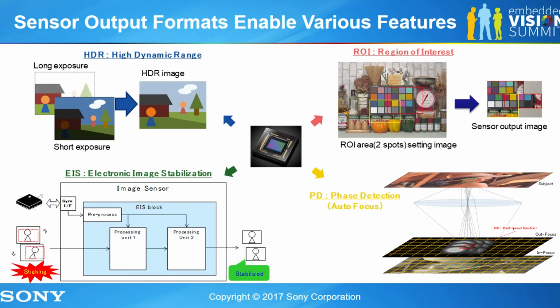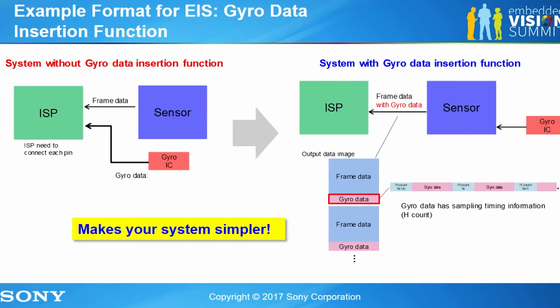For example, HDR (high dynamic range), electronic image stabilization, ROI (region of interest), which is actually the main hot topic for today, and phase detection for autofocus. So let's briefly introduce those functions or formats.